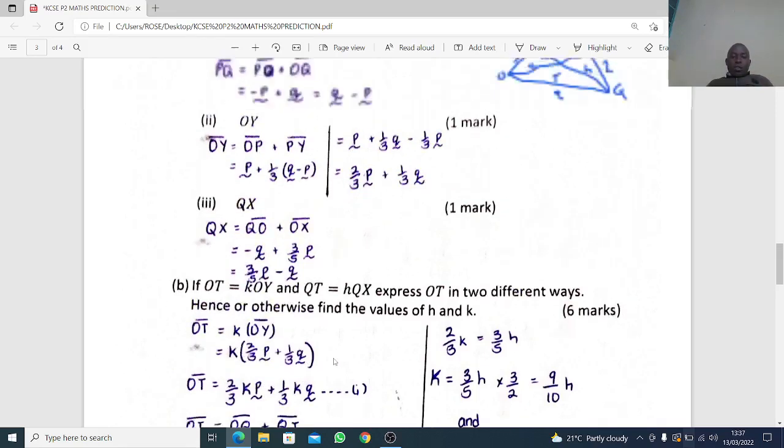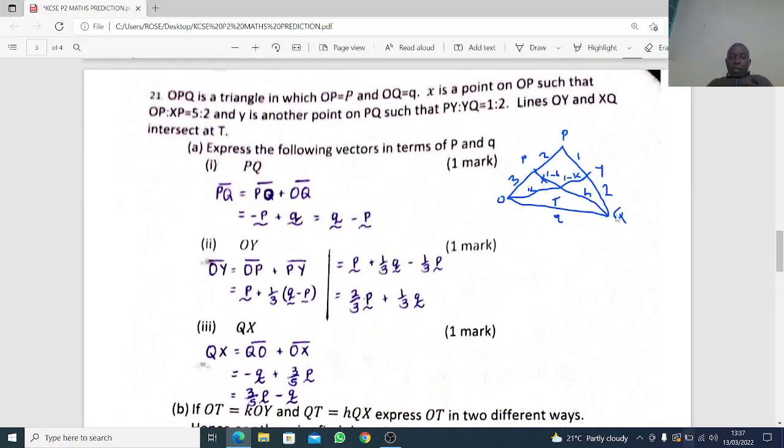Then the second equation: we express OT in another way, but we must use H. So we come to OQ plus QT. OQ is Q, plus H. We know that QT is H QX. So it will be Q plus H into QX.